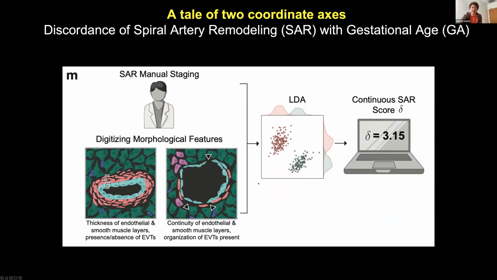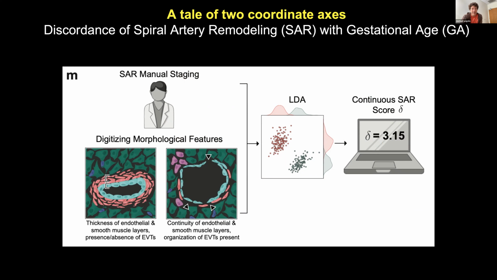We used that along with a machine learning approach called linear discriminant analysis to create a trajectory of spiral artery remodeling that would allow us to give every single artery one number, its artery remodeling score, to say where along this continuum it was.